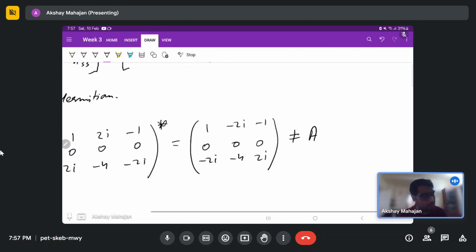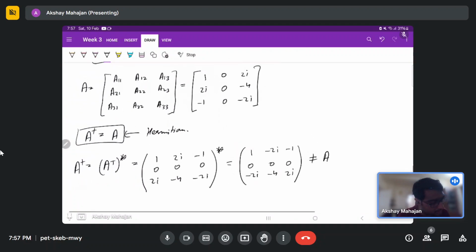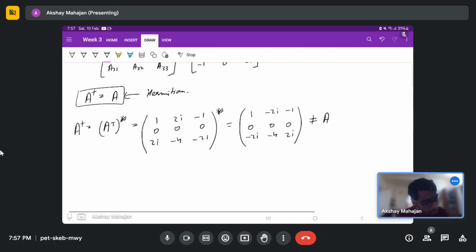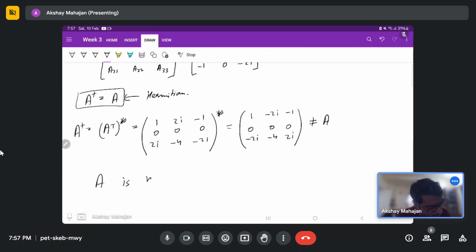This is not equal to our A matrix. Here you can see that our A adjoint is not equal to A, so A is not Hermitian.